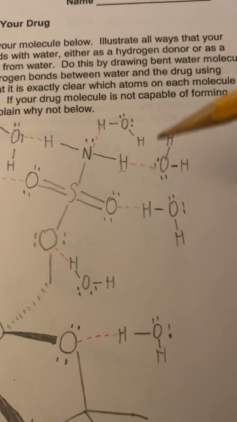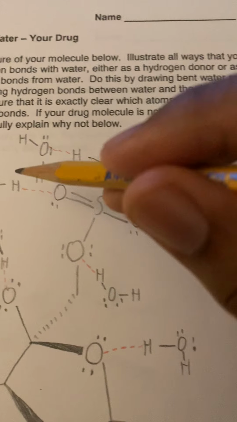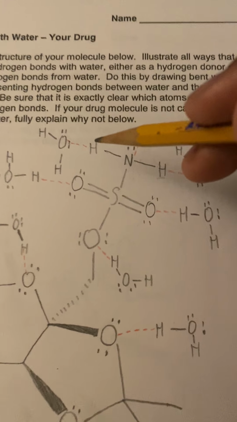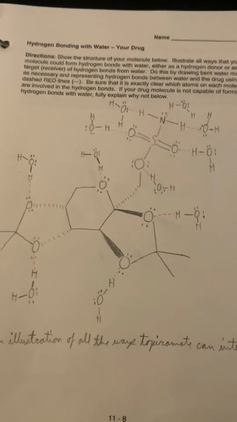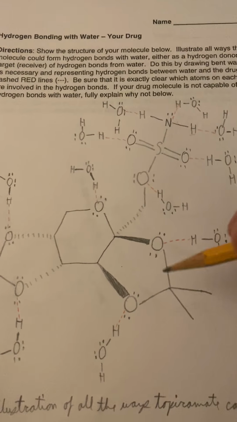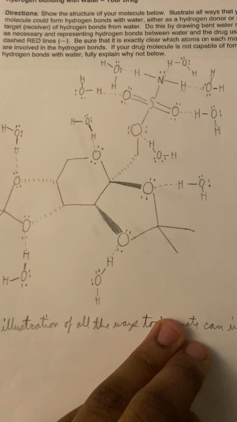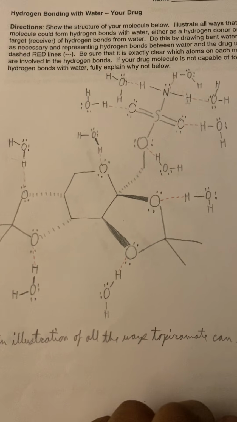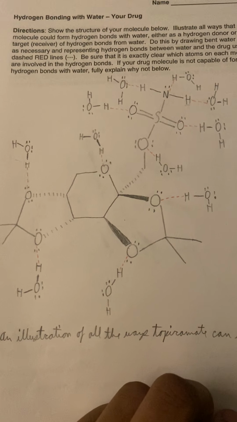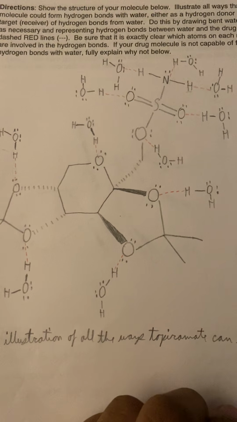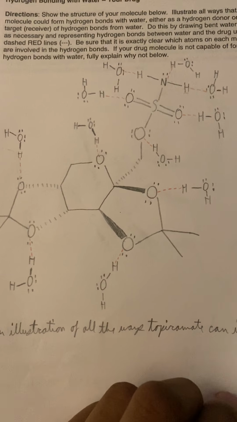So this water molecule right here and this water molecule right here, they're both H bond acceptors. And once again, this is a picture of all the different ways that water molecules can interact with topiramate.